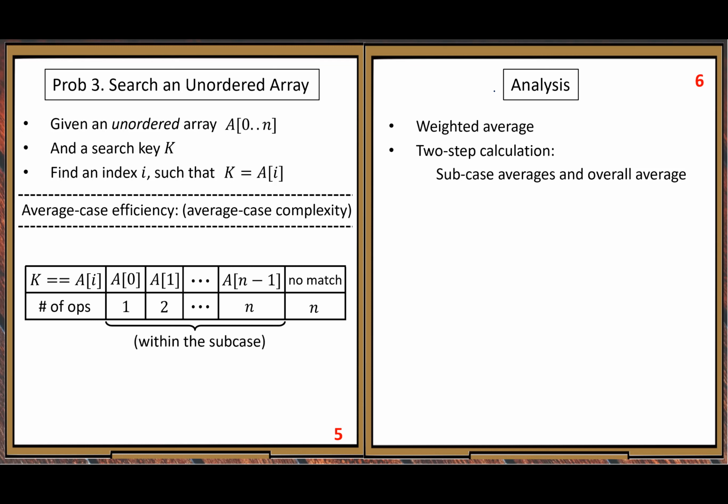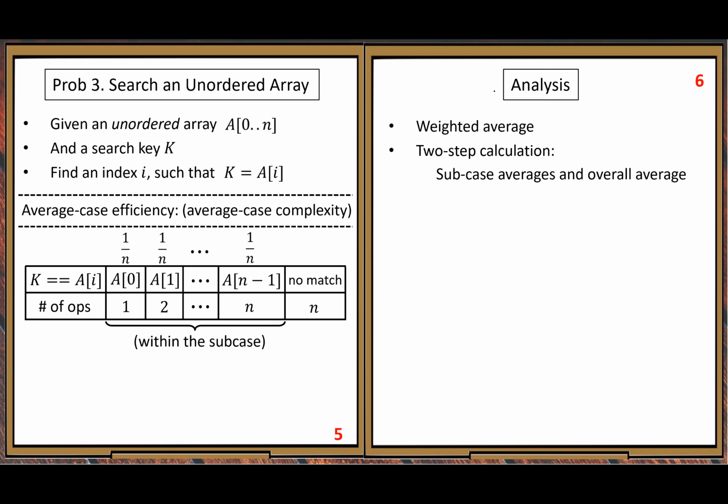The average for this subcase is easy, straightforward, because in our first assumption, each of the n cases occurs with the same probability, 1 over n.